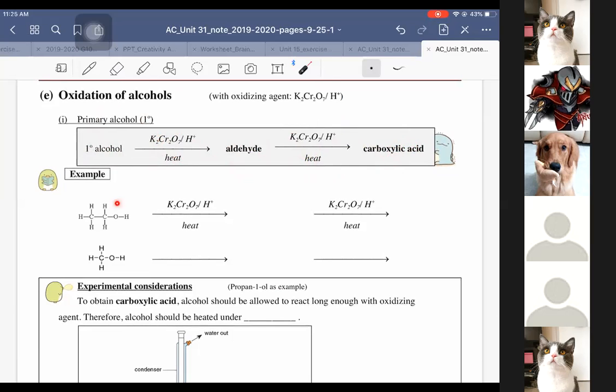Look at an example. If we start from ethanol, after heating with the oxidizing agent, we will form ethanal. So we are going to turn the hydroxyl group into C double bond O.